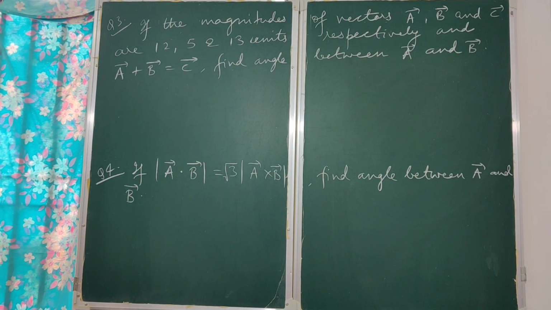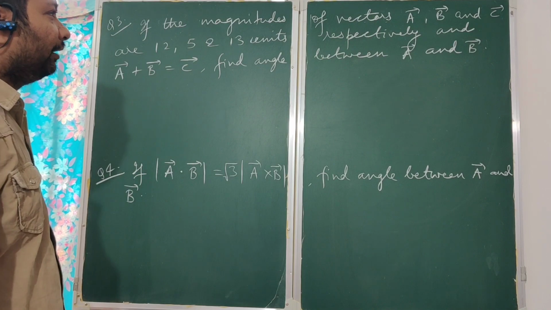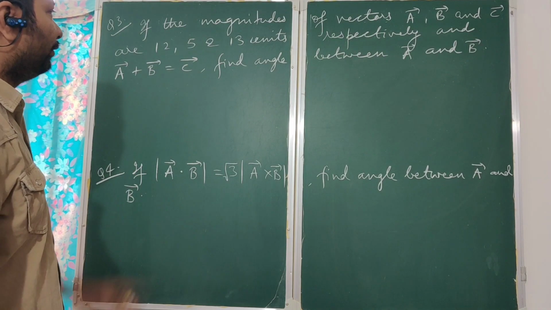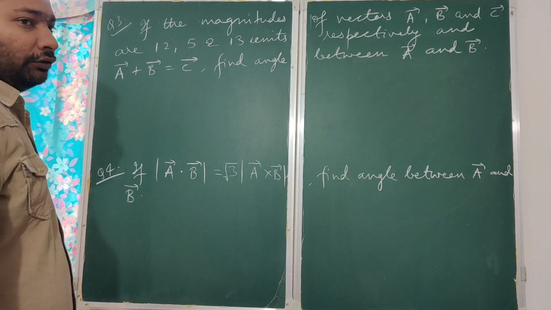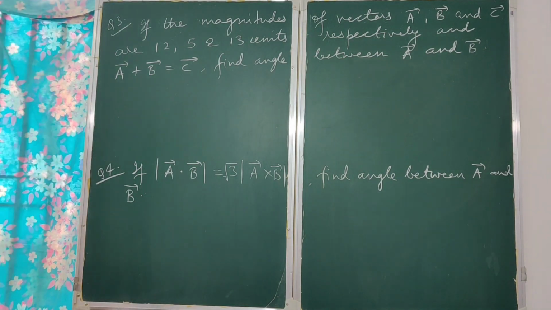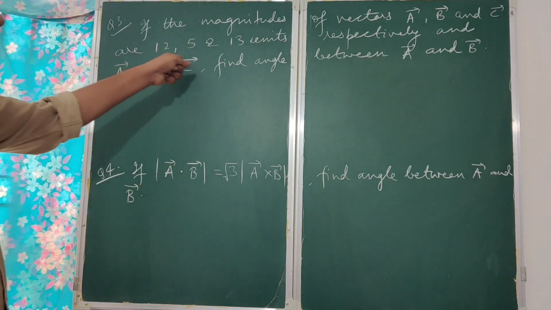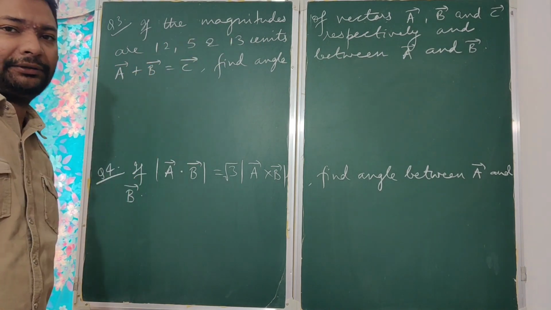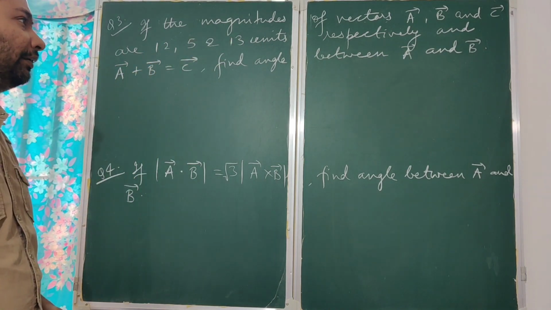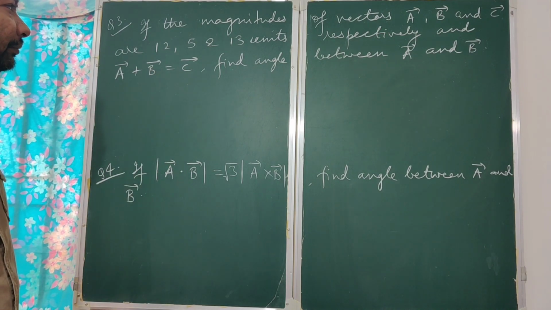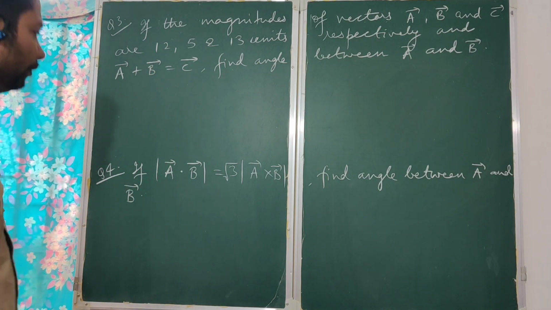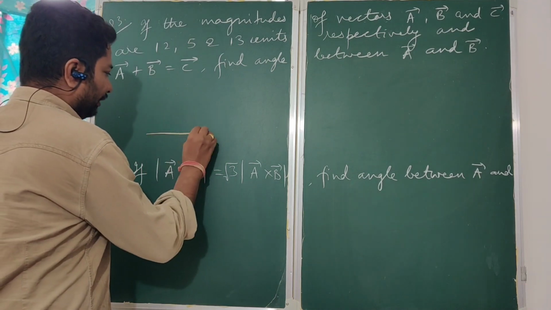Let's see this question. In question number 3, the magnitudes of vectors a vector, b vector and c vector are 12, 5 and 13 units. So the first thing that should come to your mind is that they are forming a Pythagorean triplet, and a vector plus b vector is given as c vector. Correct? So can we draw it something like this?